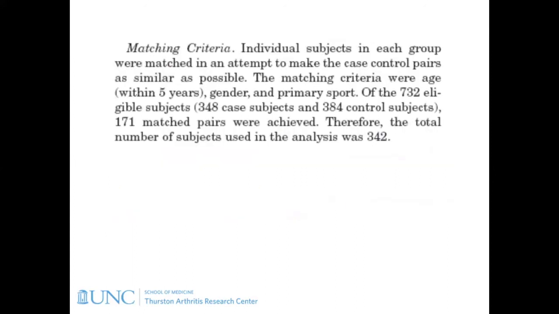And then the other thing that they did with their matching criteria is they tried to make them as similar as possible, and they even say that. So they matched for age within 5 years, they matched for gender, they matched for primary sport. So initially this doesn't seem like too many things to match for, although it's not necessarily clear why they wanted to match for sport.